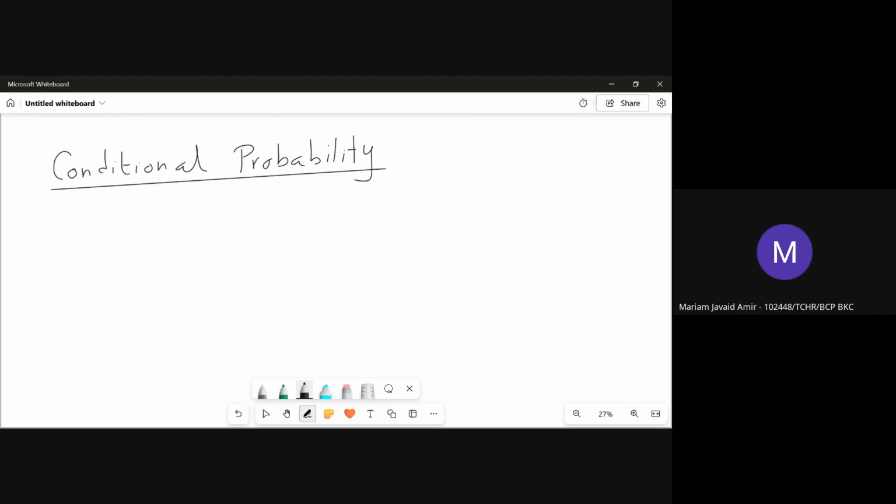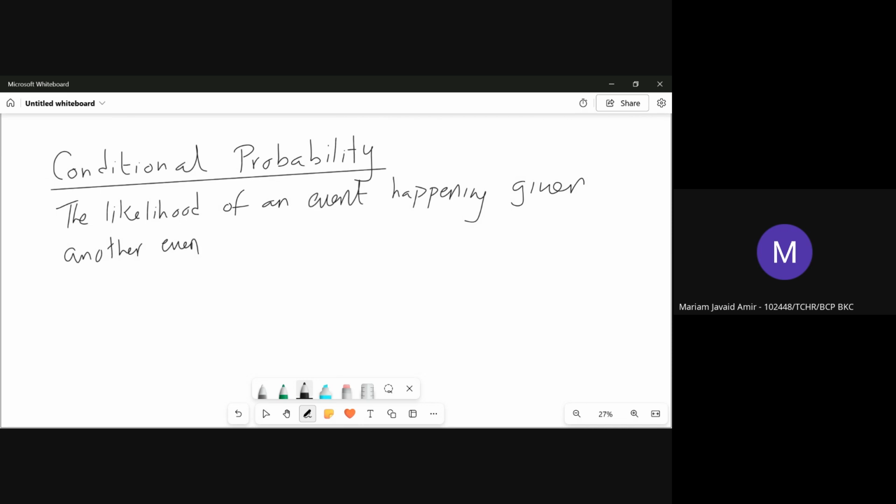Conditional probability is the likelihood of an event happening given that another event has already occurred.